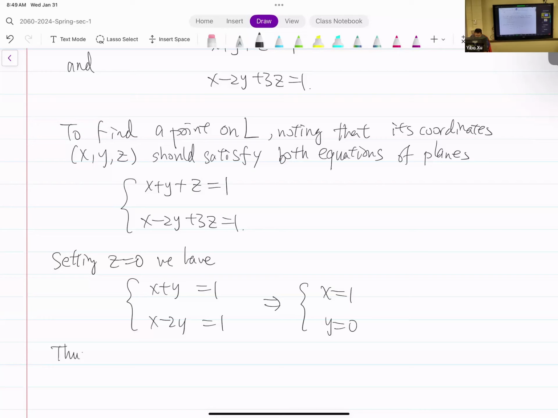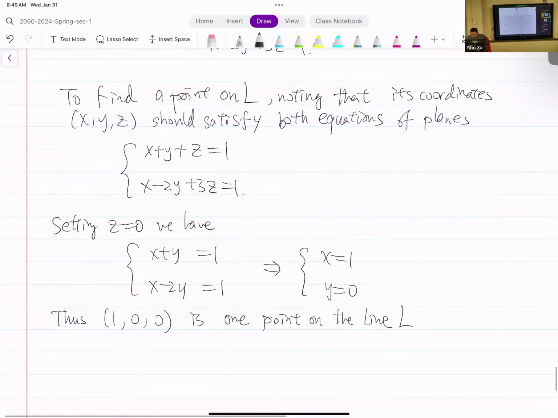That tells you (1, 0, 0) is 1 point on the line L. Any questions so far?